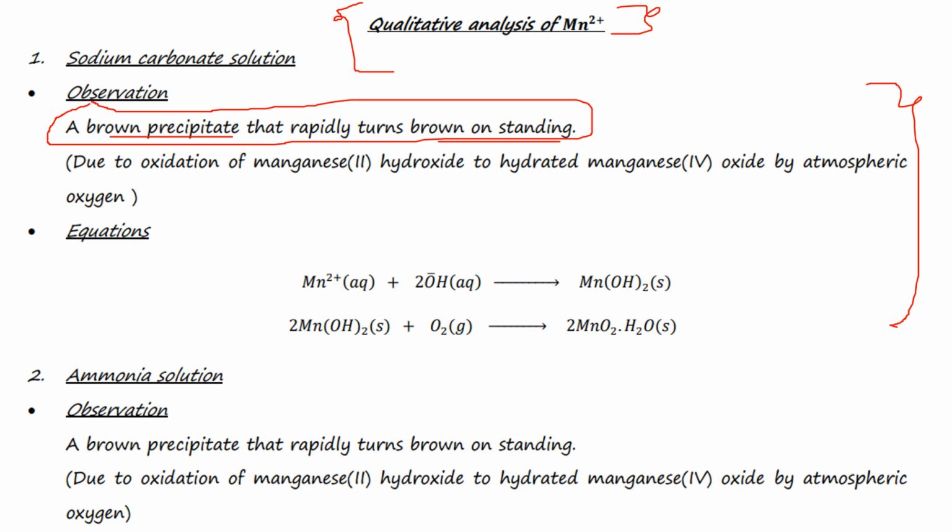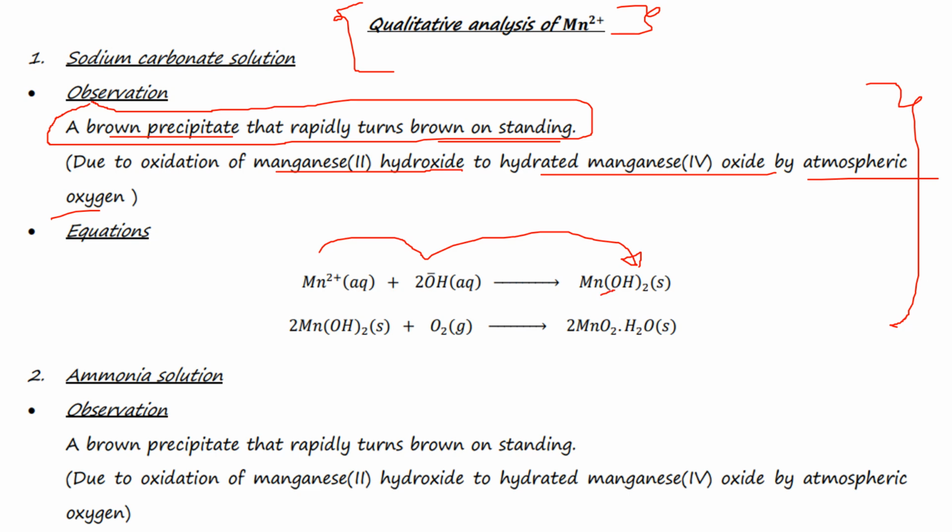So a simple explanation for this, just as a reminder, is that the brown precipitate is due to oxidation of our white precipitate of manganese hydroxide to hydrated manganese 4 oxide as a result of aerial or atmospheric oxidation. And the first equation is going to be the formation of the white precipitate, which is going to be that of manganese hydroxide.